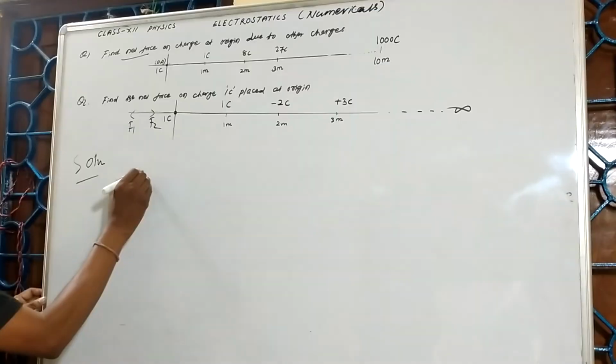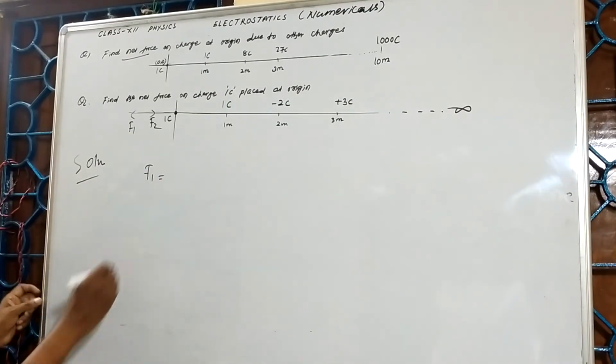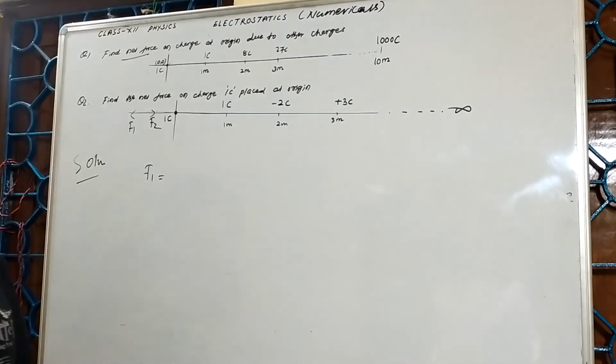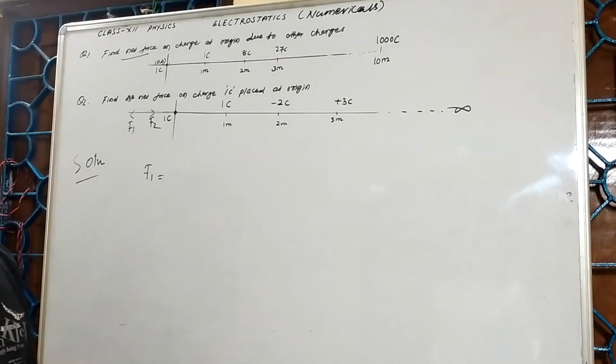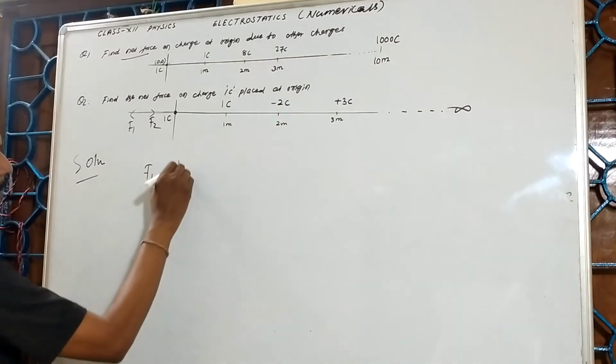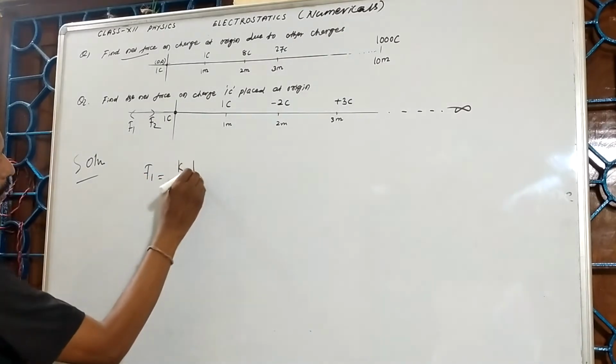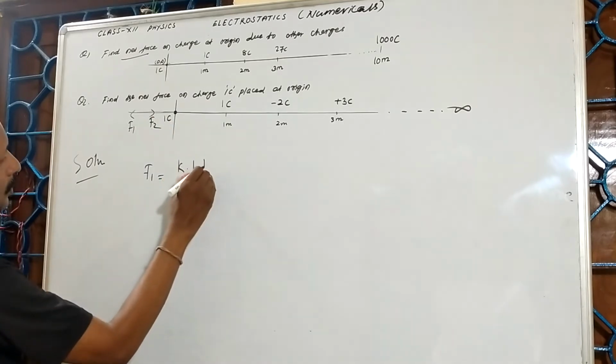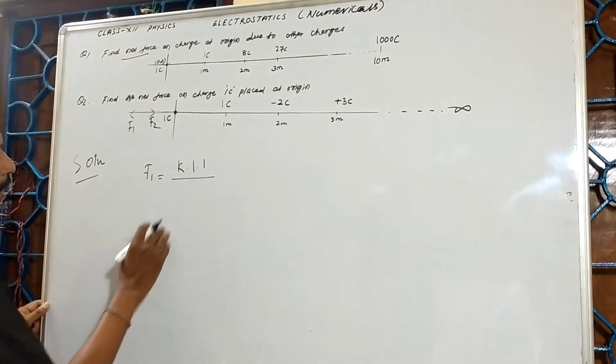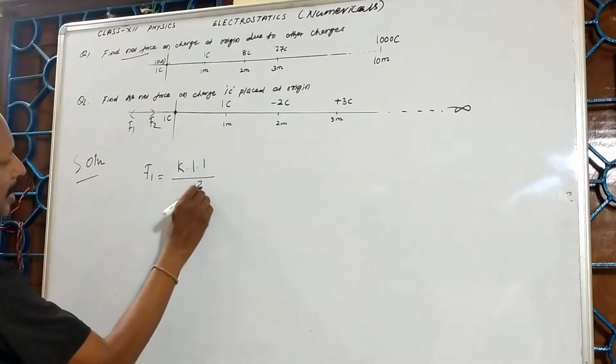Now you see that F1 is K Q1 Q2 by R square according to Coulomb's law. So I am taking K Q1 Q2 divided by R square, 1 square.